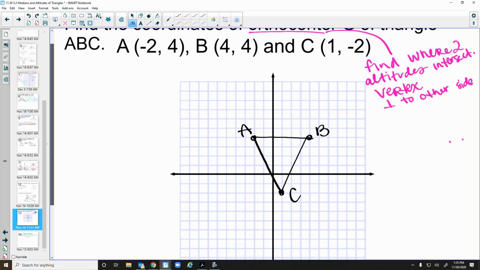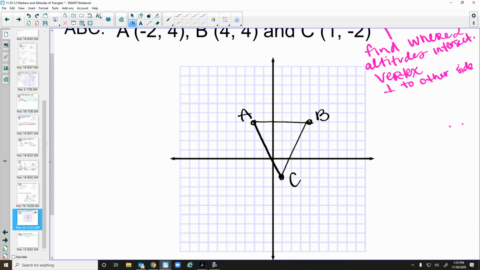What is helpful is that if we have horizontal and vertical lines, those will always help you for this part. So looking at the graph itself, any ideas of where we would have a horizontal or vertical line for an altitude? From C. You know that because the side that's across from C is horizontal.